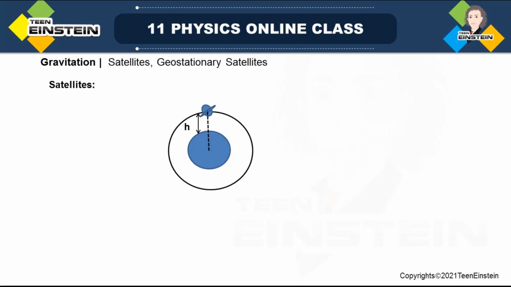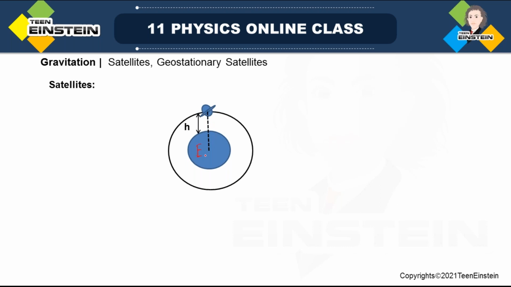So, we have seen satellites are actually revolving around the earth. Like one natural satellite for earth is the moon. As you see in this figure, suppose this is some artificial satellite which is revolving around the earth.